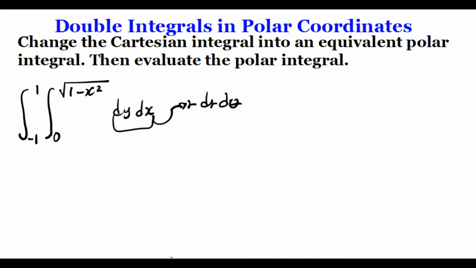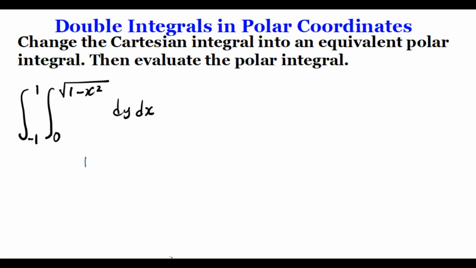Now since we know what this one is going to become, let's go ahead and change our limits of integration. The best way to approach such questions is to sketch the limits of integration that you are given in Cartesian form. So let's go ahead and sketch them.